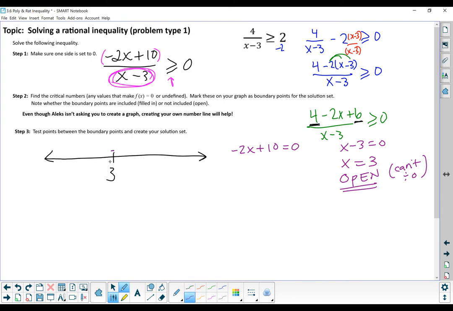So we need an open circle there. For negative 2x plus 10 equals 0, we're going to subtract the 10 and divide by negative 2 to get x equals 5 as our other critical value. So if we plot that one, that is a filled in boundary.